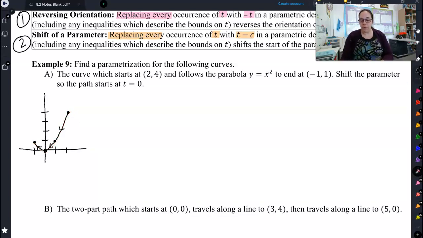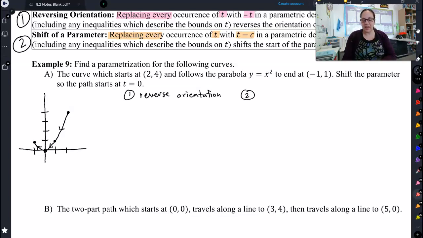Now, first thing that you will notice is we're changing the orientation of the arrows. Number 1, because normally our arrows would go from (-1, 1) to (2, 4). They normally go from left to right. So first thing we're going to do is reverse the orientation of the arrows so that they go from right to left.